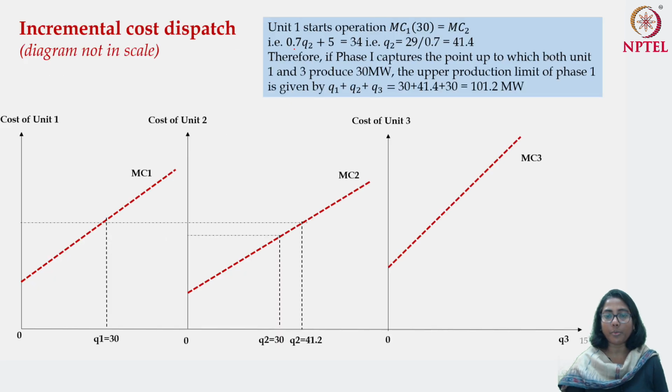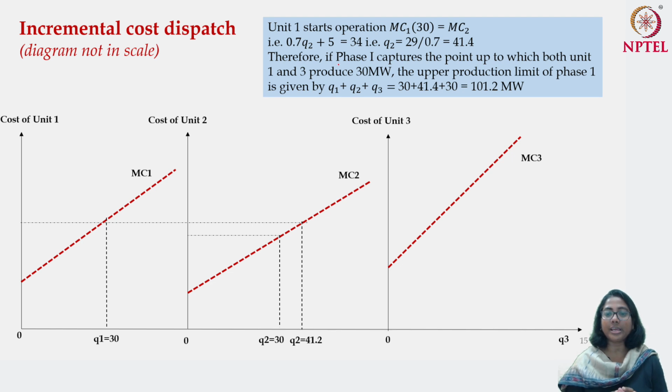That gives me Q2 equal to 41.4. This should be 41.4 here, so it should be either 41.4 in both the cases or 41.2 in both the cases. So what you see is that Q2 is equal to 41.4.